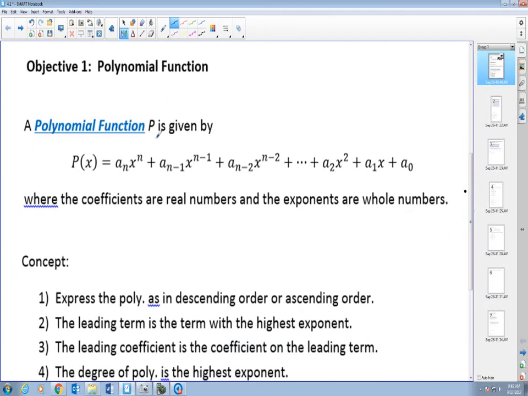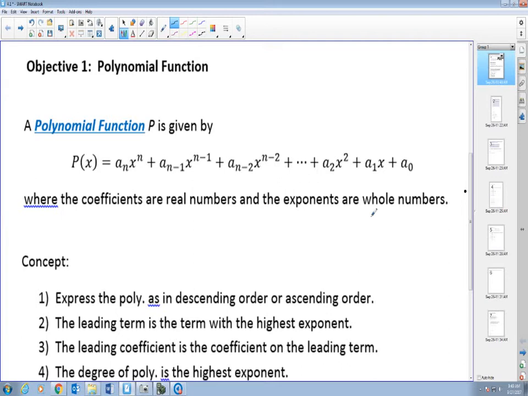A polynomial function p, we use the letter p for polynomial, is given by this formula: a sub n x to the n plus a sub n minus 1 x to the n minus 1 plus a sub n minus 2 x to the n minus 2 power plus ... and then a sub 2 x squared plus a sub 1 x to the first power.